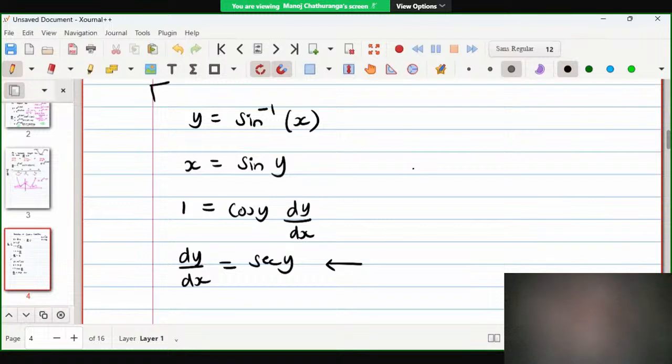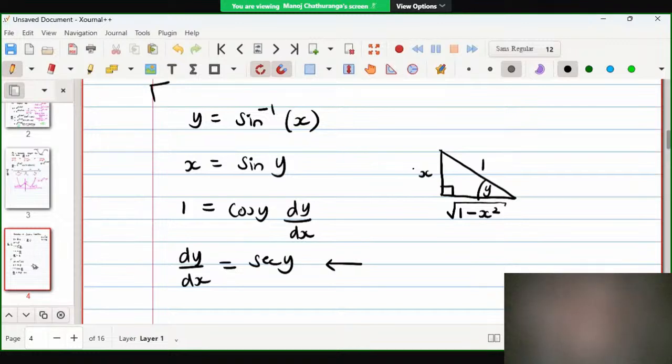Let's look at this. I can use a unit circle or a triangle. For simplicity, I will use a triangle. So the hypotenuse is 1, and for angle y, the sine value is x. Sine is opposite divided by hypotenuse, so the opposite side is x. By the Pythagorean theorem, the adjacent side should be square root of 1 minus x squared.